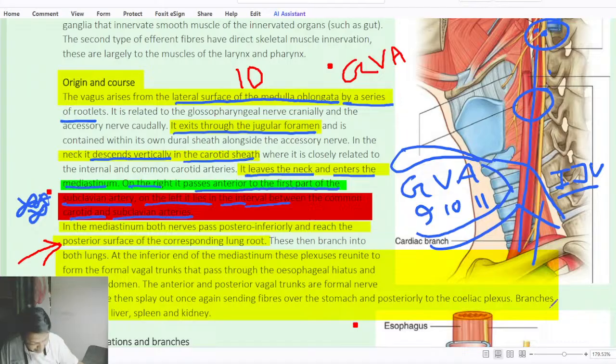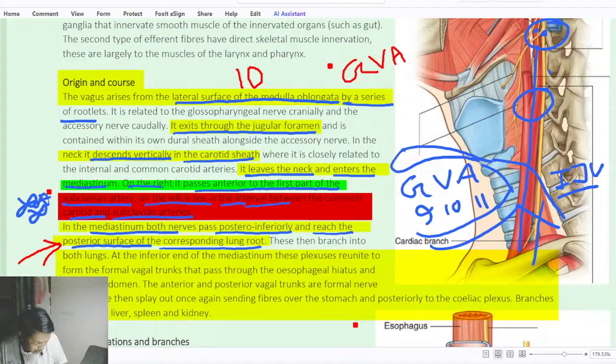In the mediastinum, both vagus pass posterior inferiorly and reach the posterior surface of the corresponding lung root. Means in the right side, the right lung root, left side, left lung root.